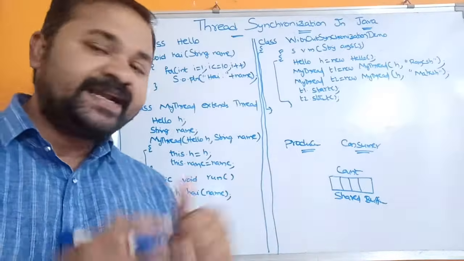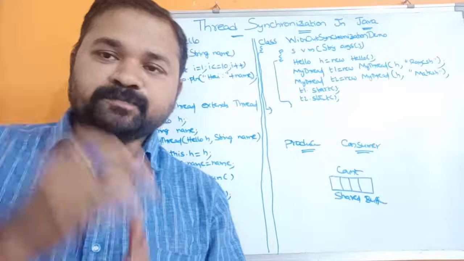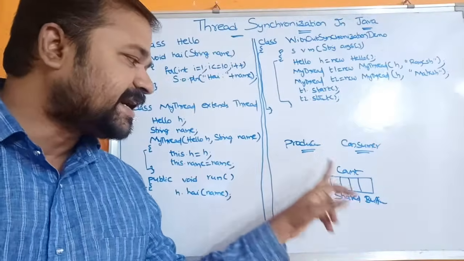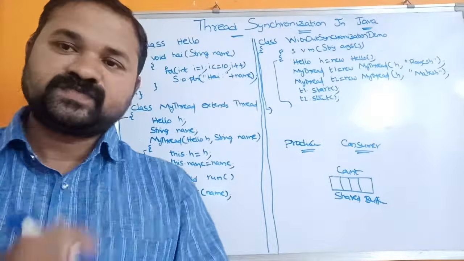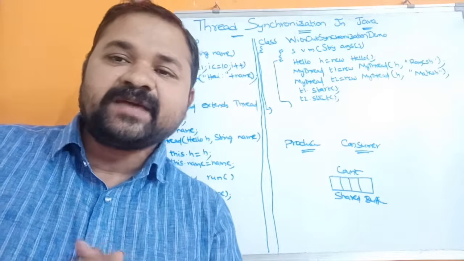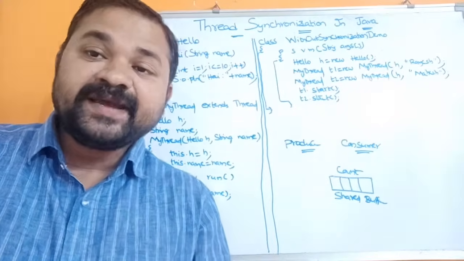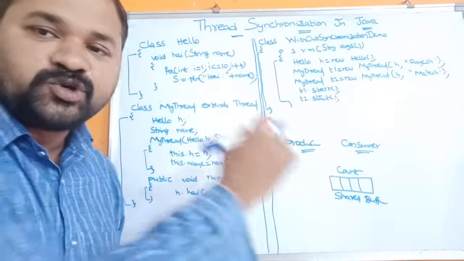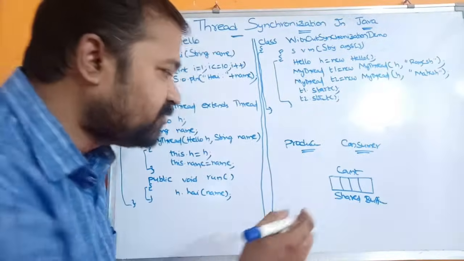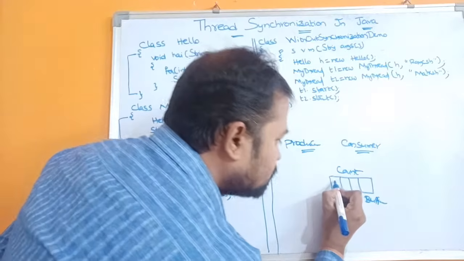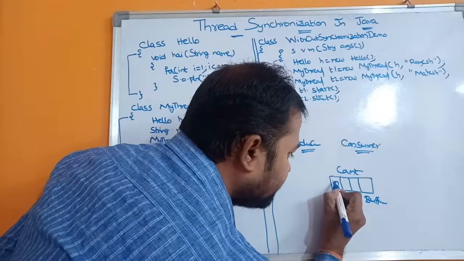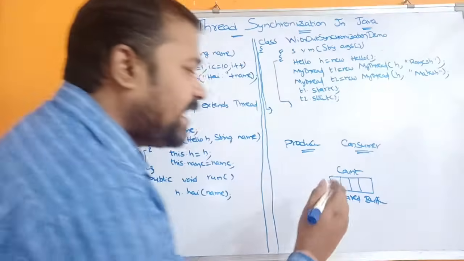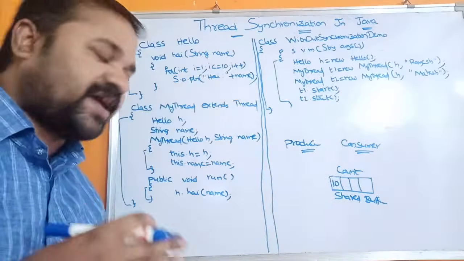Here the producer thread produces an item and places it in the buffer. Once it places an item in the buffer, it increments the count value by 1. Let us assume that the producer thread is producing an item called 10. It places the item in the buffer, and after that it increments count by 1.